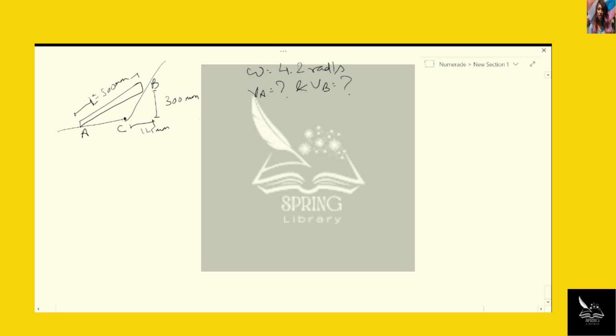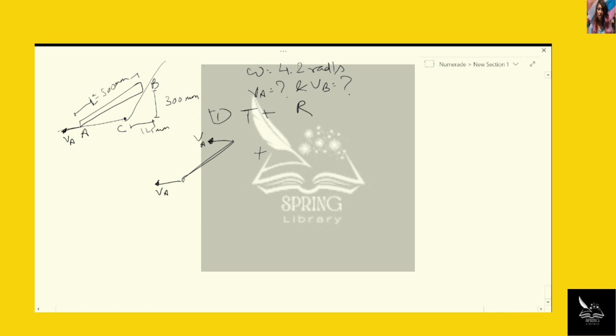So all these problems proceed through similar steps. Step one is to break this into translation and rotation. So to do that, this is our rod. Let us assume that A is moving with some speed VA here. So if this is VA, this will also be VA, because for a rigid body, all points move with the same velocity.